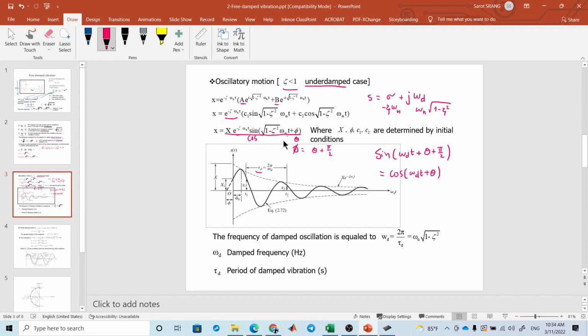It means 2 pi divided by omega d. Here omega d, right? 2 pi divided by omega d is the period, from peak to peak.